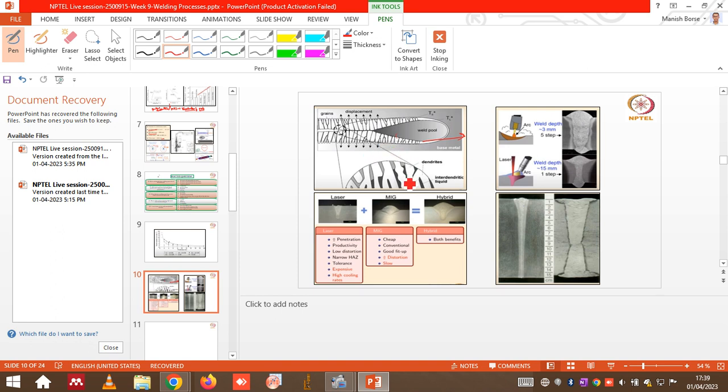As I said, these kinds of processes are very difficult for joining certain materials which are prone to hot cracking or hot tearing, because this kind of material will undergo solidification cracking because of the higher cooling rate. So during the solidification of the material, tensile stresses will develop on the grain boundaries, and due to constraint of the surrounding metal, tearing of the grain boundary area will happen.